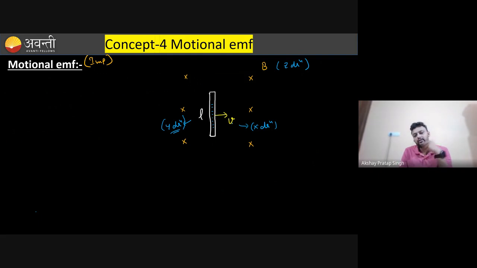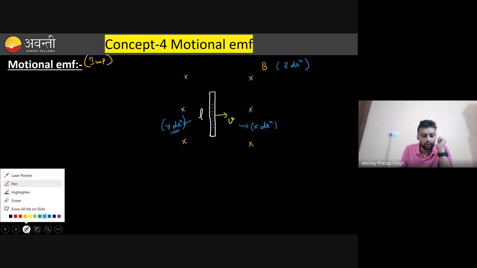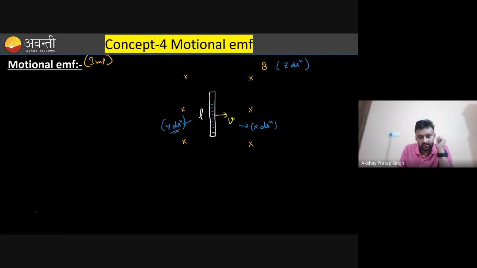These electrons will experience forces and they get collected at the bottom and it becomes negatively charged. Similarly, some positive charge is created at the topmost point due to its motion. So it creates a potential difference, positive and negative. This potential difference we call EMF.